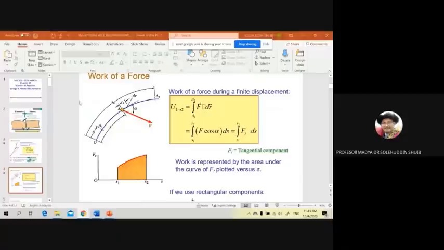This is the work done over a finite displacement.